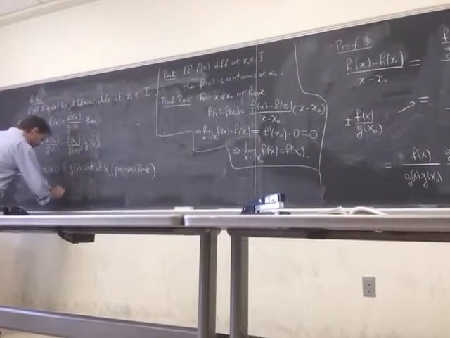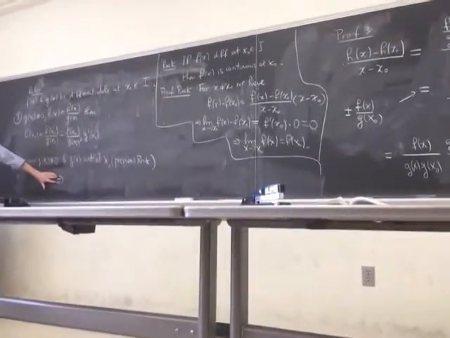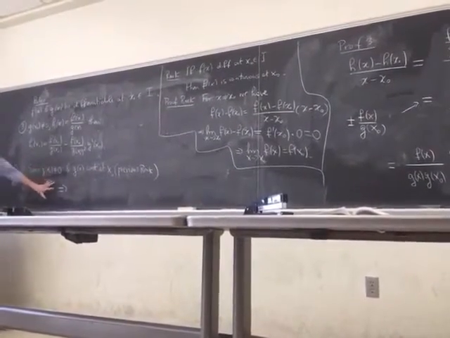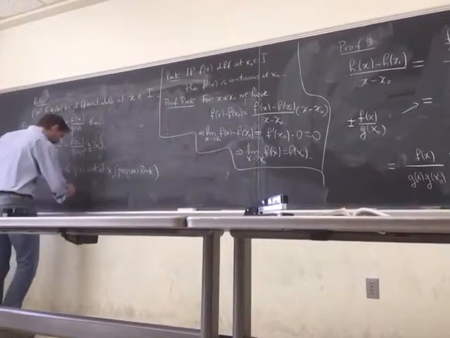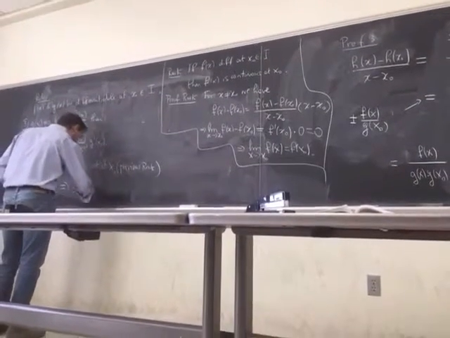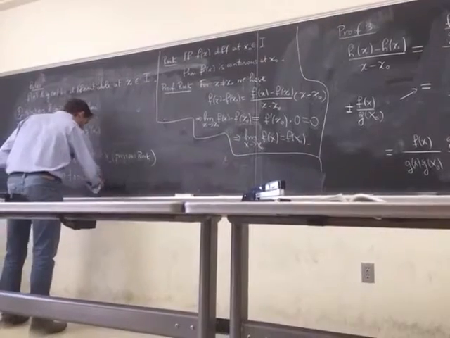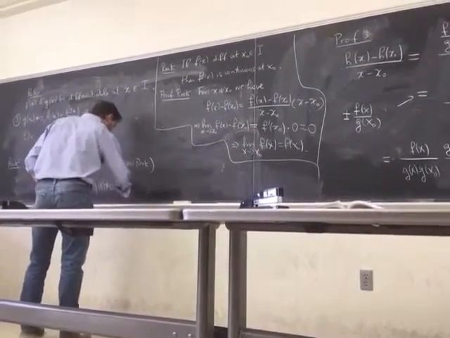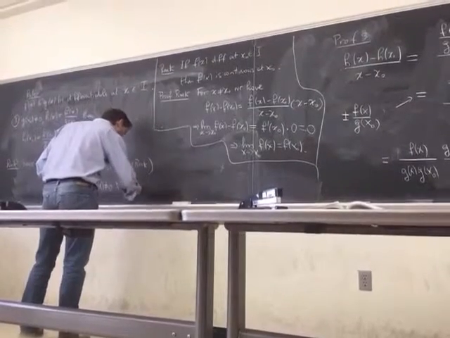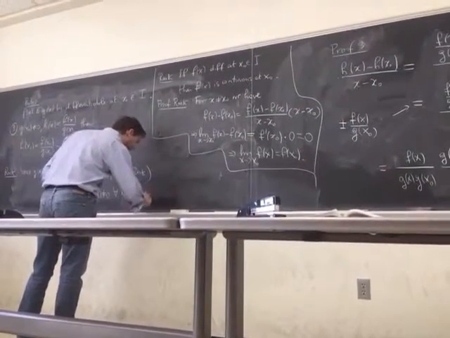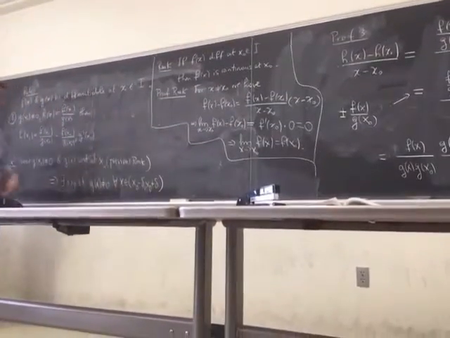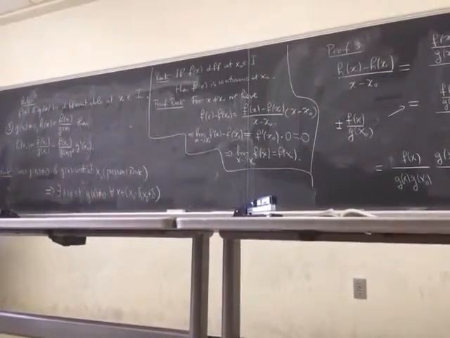Therefore, by the theorem on continuous functions and limits that we proved some lectures ago, there exists some positive number delta such that g of x is different from 0 for every x belonging to x naught minus delta, x naught plus delta. Alright?